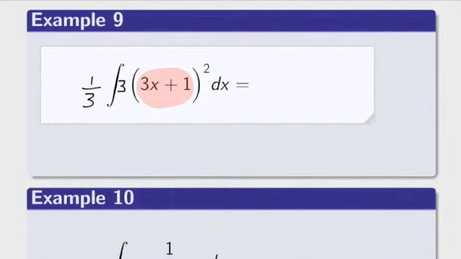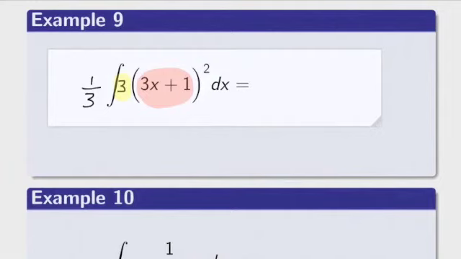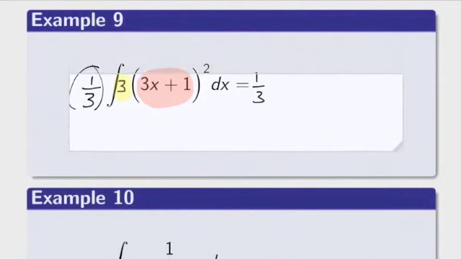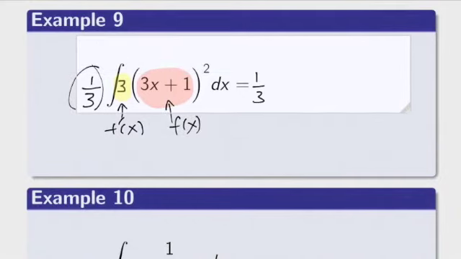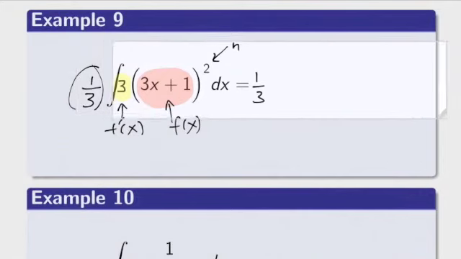So now we have f(x) colored in red and f dash x as a product, which is 3, and we could apply rule 2 to write the answer to this integration. So the term 1 on 3 will remain unchanged. Now we have f dash x here, we have f(x) here, raised to the power n, n is 2.